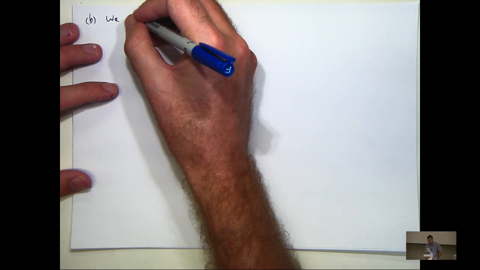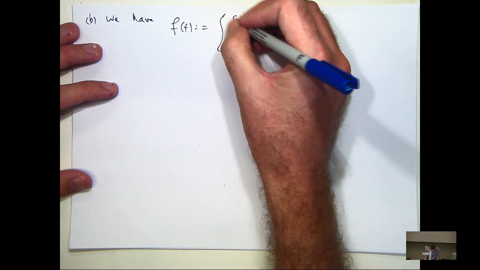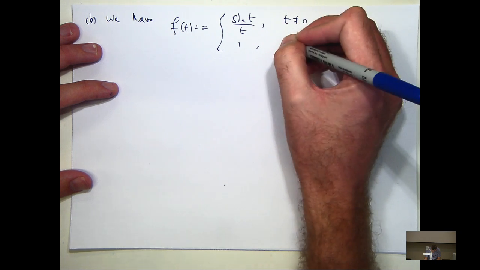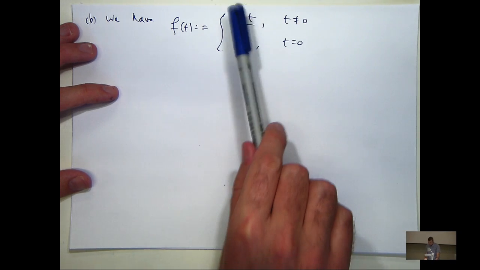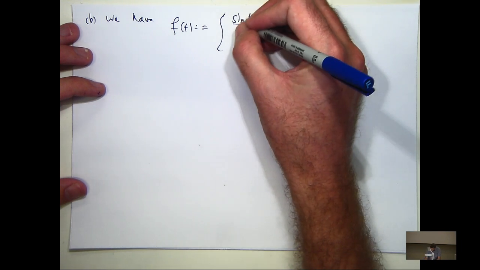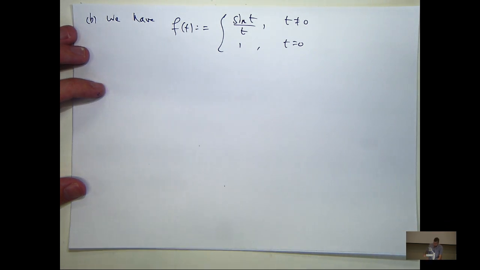So for part B, let's consider the following, and let's calculate, well, I guess we don't even need to calculate it. We can write down the expansion for sine of t about 0.